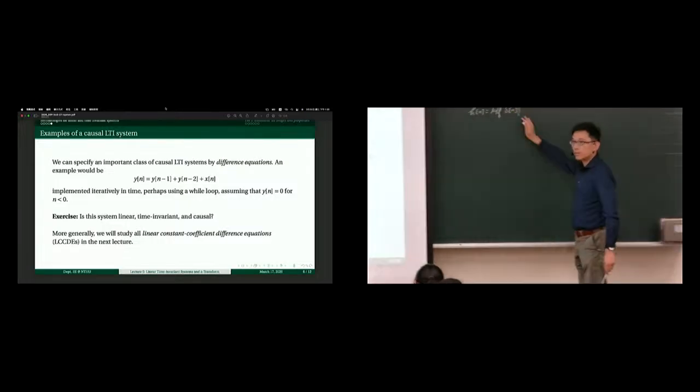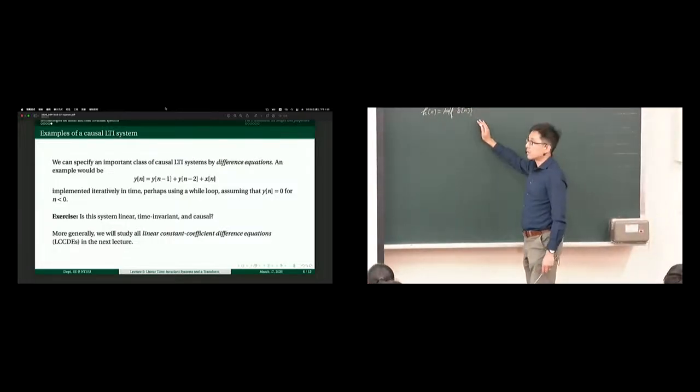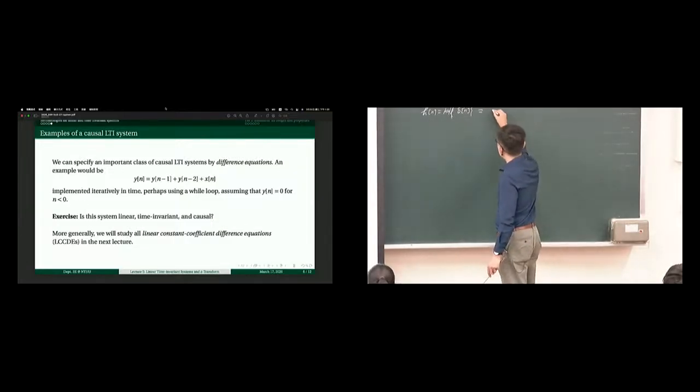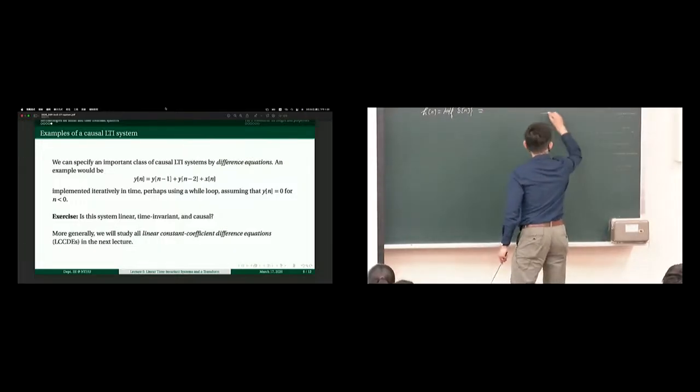That's the definition of impulse response, right? So the impulse response here would be, if our input x is 1 at time 0 and 0 elsewhere, that's a delta function.